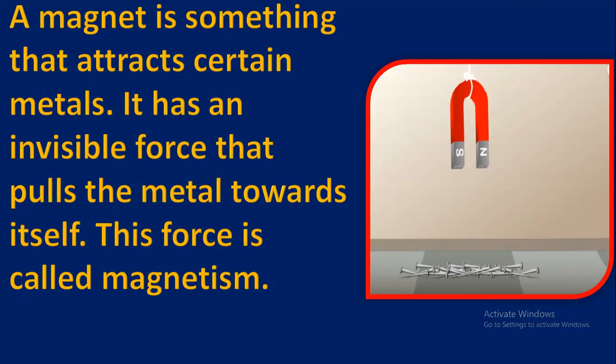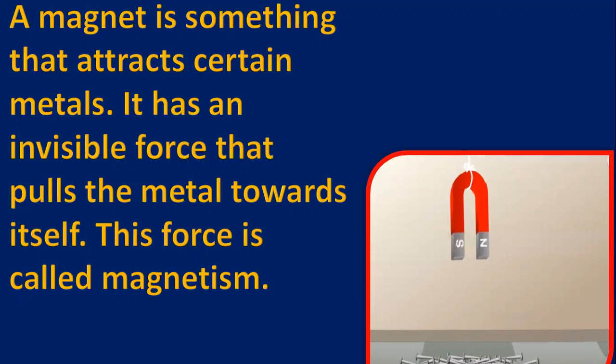Certain metals over here are all magnetic materials. It has an invisible force, the force which we cannot see, that pulls the magnetic materials towards itself. And what do we call that force? Magnetism. You can see it very clearly in the diagram.